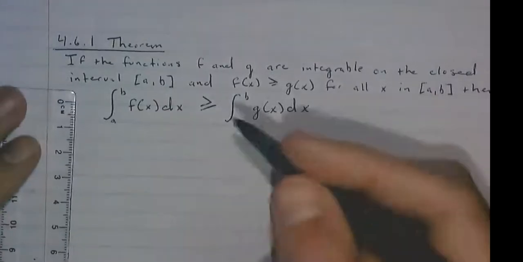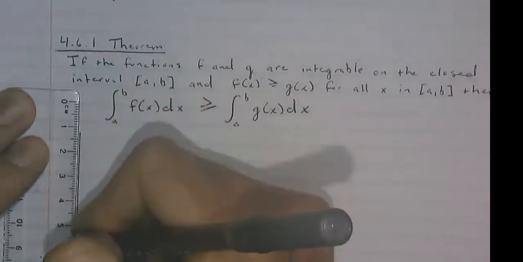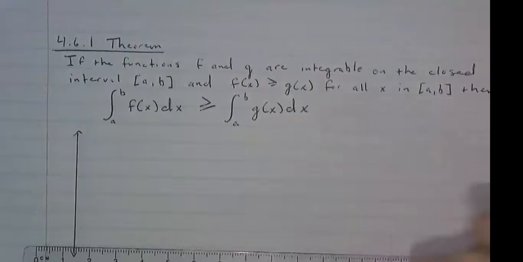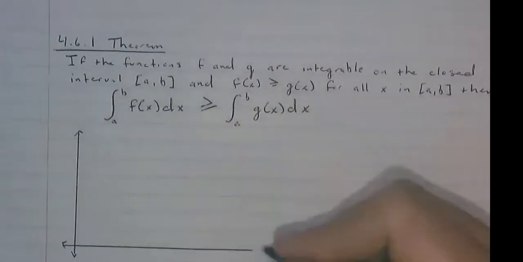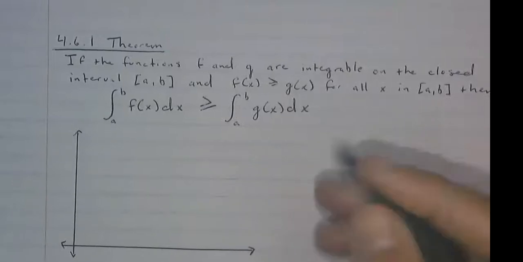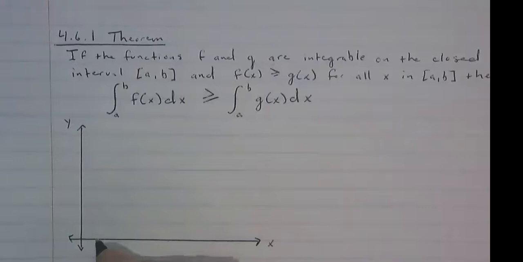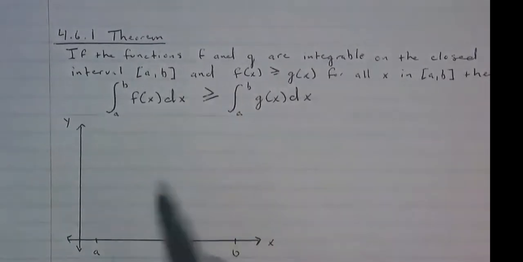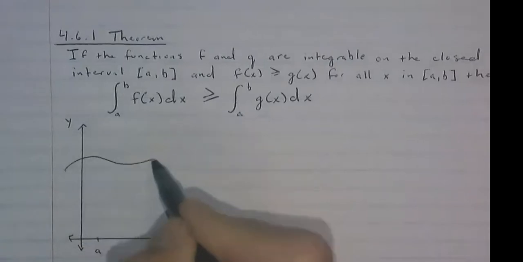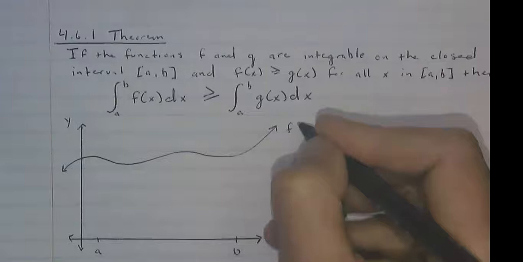If you want to draw an axis here. A, we've got B, so we've got two curves. Call that one f of x.